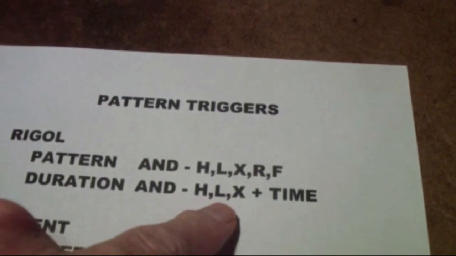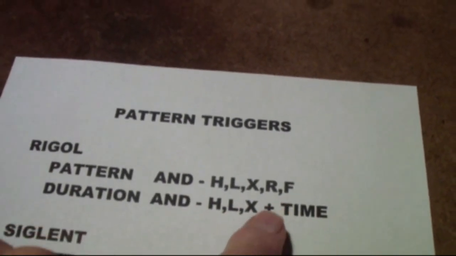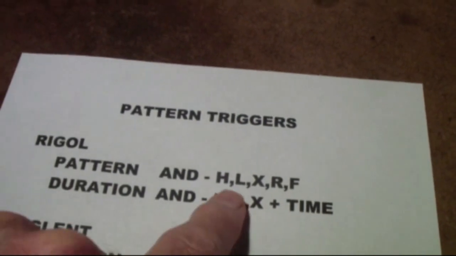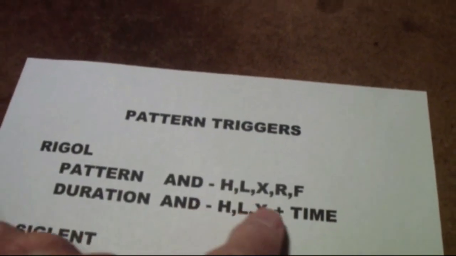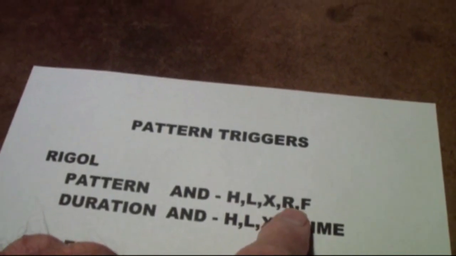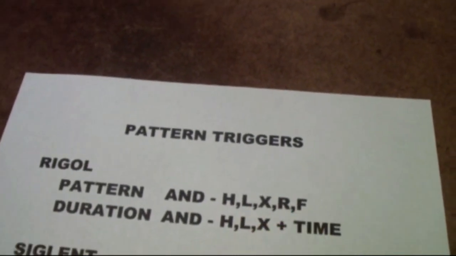So they're essentially the same, or a way to say it is the duration trigger is exactly the same as the pattern trigger, but with the addition of time and the deletion of rising and falling edges.